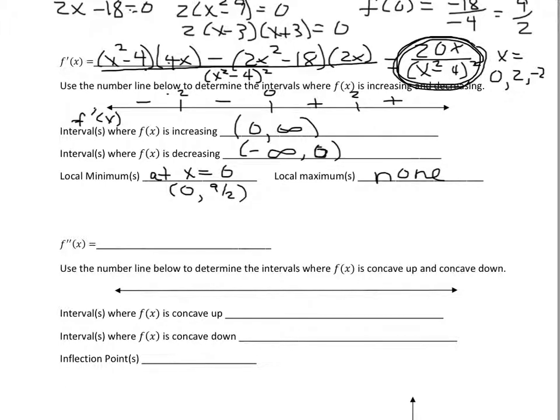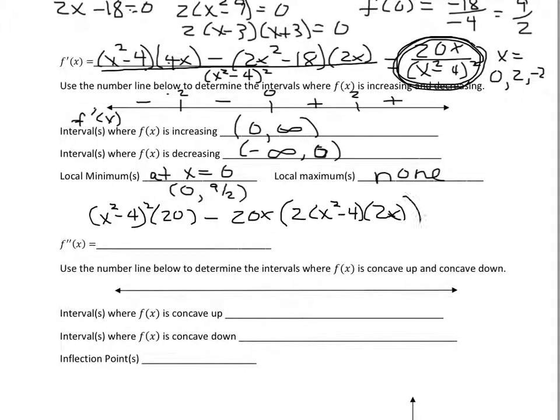And so I used x squared minus 4 squared on the bottom times the derivative of the top minus the top times the derivative of the bottom, which of course is going to be chain rule. So I've got 2 times x squared minus 4, drop the power to 1, times the derivative of the inside, and all of that over the bottom squared.